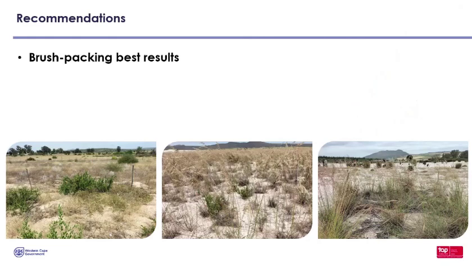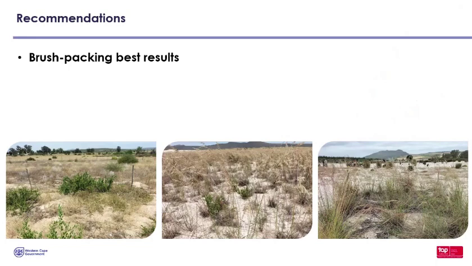Although brush packing delivered the best results in terms of survival of the planted species and improvement of the soil, as it lowered the impact of wind erosion and provided a better microclimate, we expected it to be even better. A possible reason is that it was relatively small plots of 5 by 5 meters that were more than 10 meters apart and far from natural vegetation.